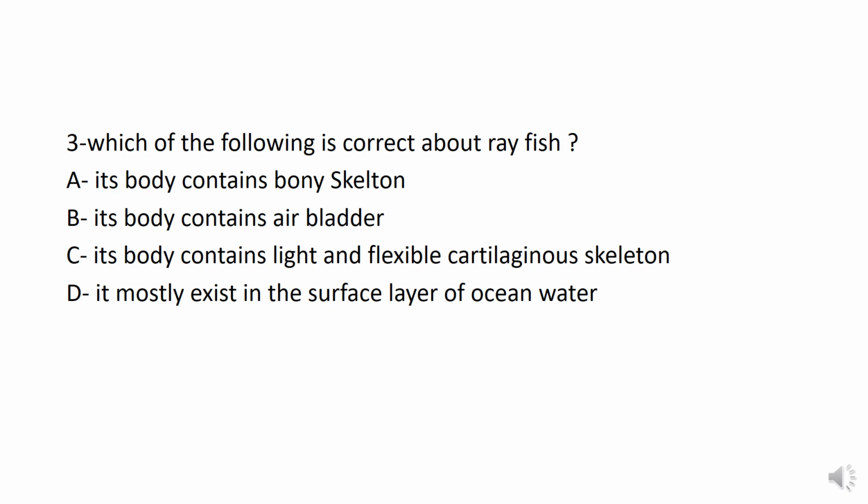Which of the following is correct about the ray fish? Who can answer? Yes, the answer is C. Its body contains a light and flexible cartilaginous skeleton.